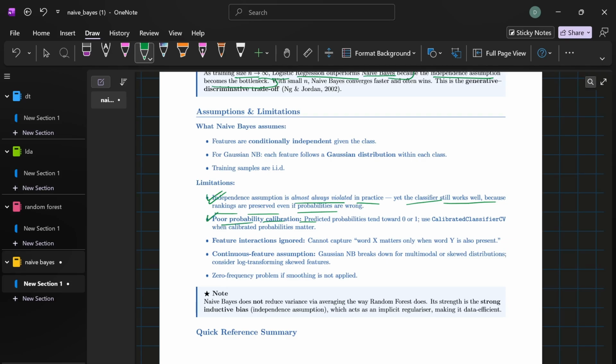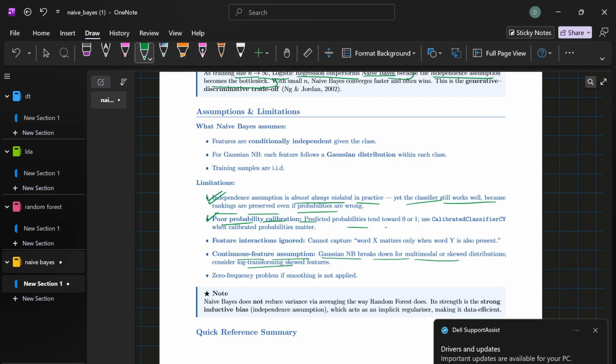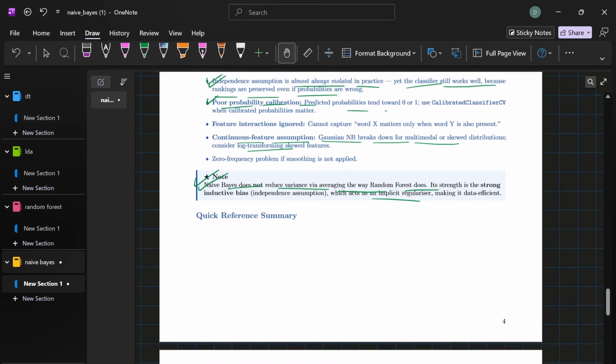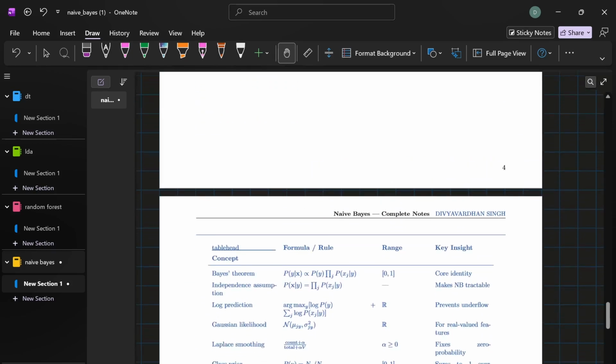Second, the Gaussian NB can break down if your continuous features are not normally distributed. If they are skewed or multimodal, try a log transformation of your features. And finally, naive Bayes does not reduce the variance the way random forest does by averaging many models. Its strength comes entirely from the strong independence assumptions that act as a regularization.